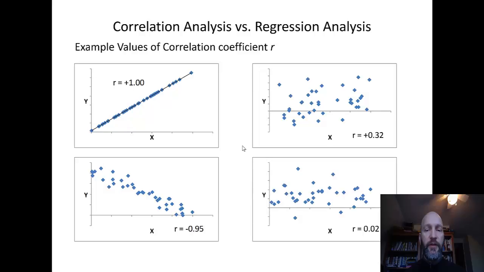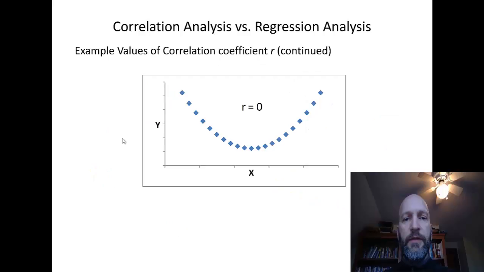And finally, we have an example of what you would say is unrelated variables. As x increases, y doesn't have any sort of relationship to that. And the sample correlation is positive, but it's 0.02, which is close enough to 0 that we would probably just go with 0 on that. Here's another example of a very interesting case that we need to consider, and that is when we have a nonlinear relationship.